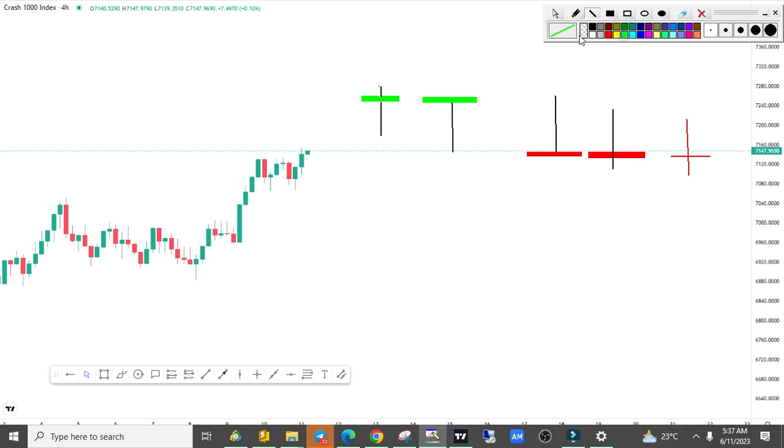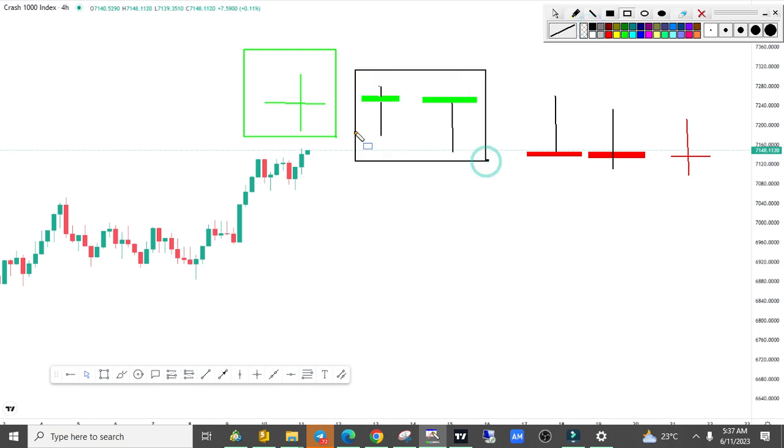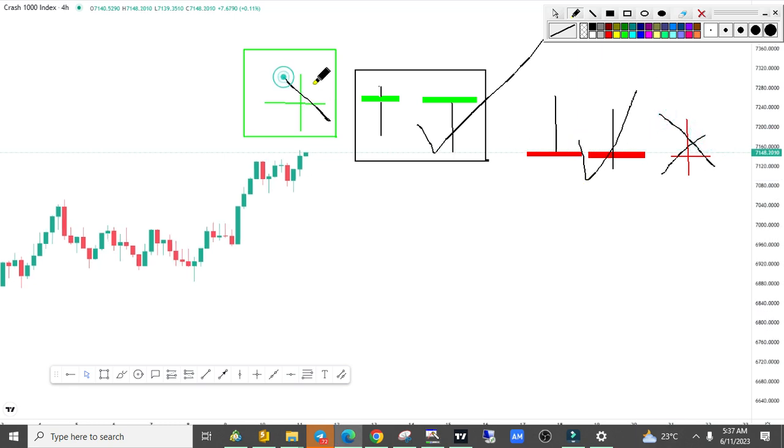So with doji, the opening and closing is almost at the same place, but this is very different from the doji. Why I'm doing this is so that you shouldn't confuse the two. What we are going to be looking at today is this one here. We are going to be looking at these two, not this one or this one.